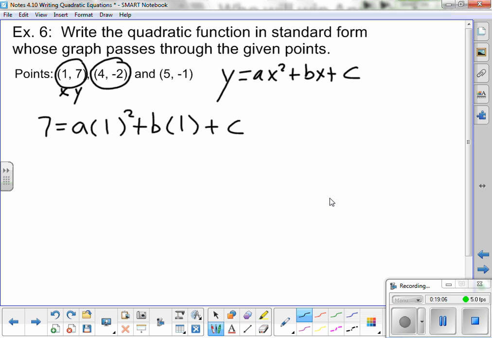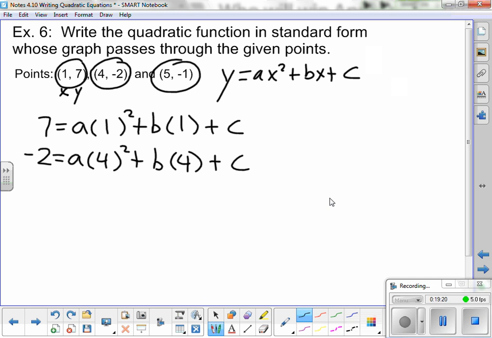Second point, y is -2 equals ax squared plus bx plus c. And then your x is 4. And last one, 5, -1. That's going to be -1 equals ax squared plus bx plus c.